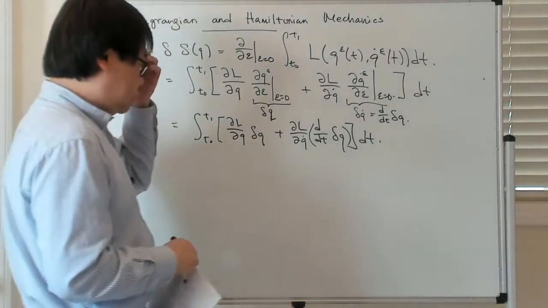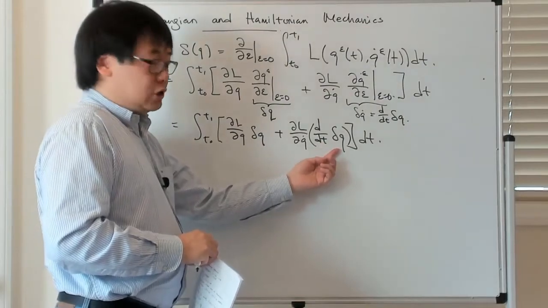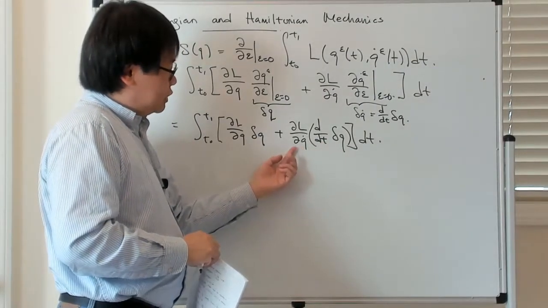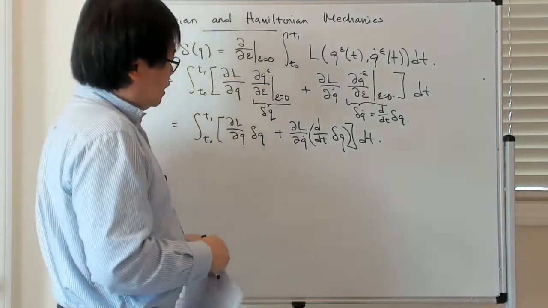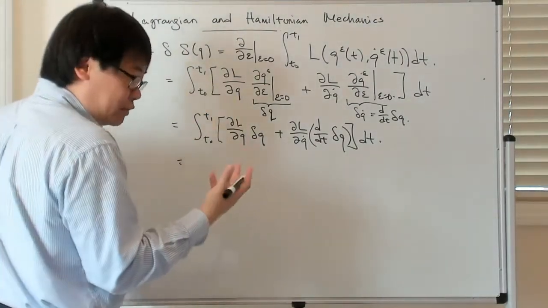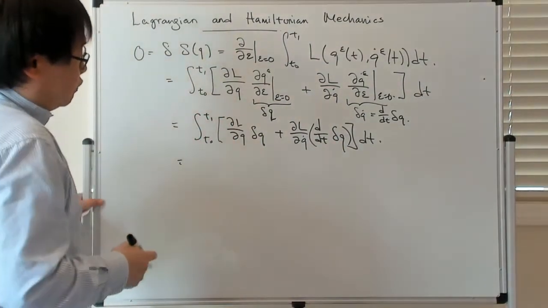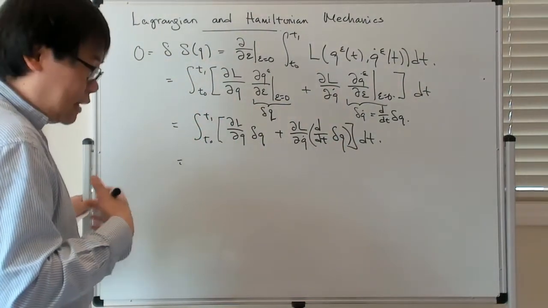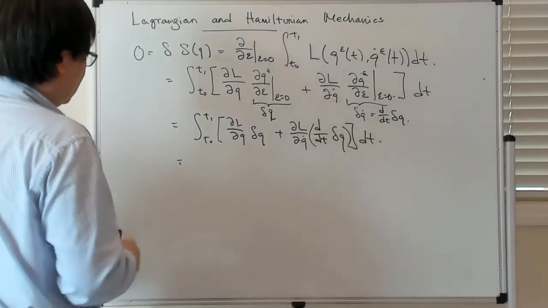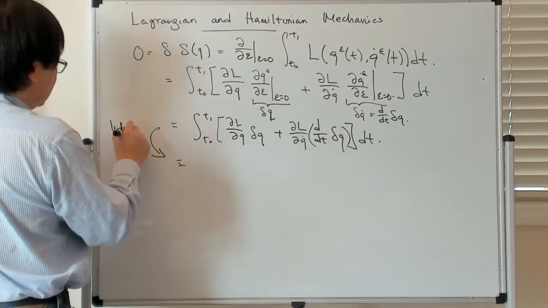The reason is that you want to take the time derivative off the variation of q and put it onto the dL/dq dot term, so let's do that. Again, the boundary term vanishes because the infinitesimal variation of q vanishes at the endpoints t0 and t1. So going from here to here, there's an integration by parts.